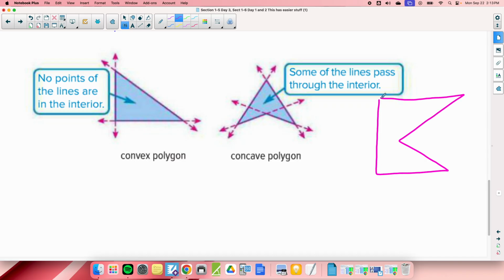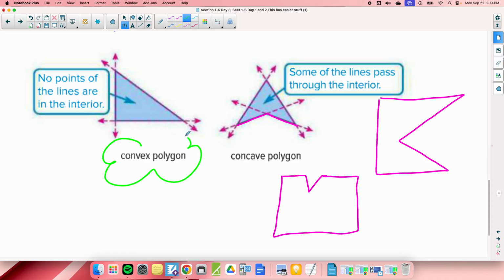That means it's concave. So the second one is concave. This one is too because it caves in, right? It can even be like this, where it's just this little cave. As long as it caves into the middle, it's concave. If it doesn't cave in, it's called convex.